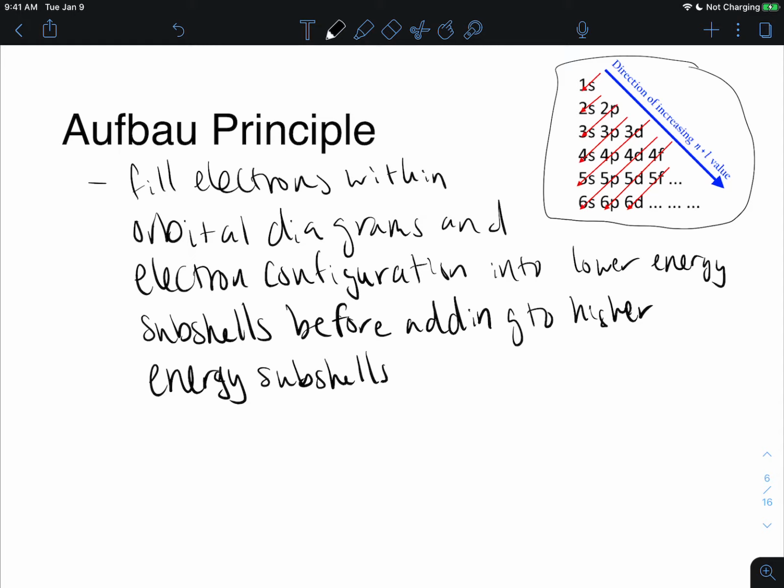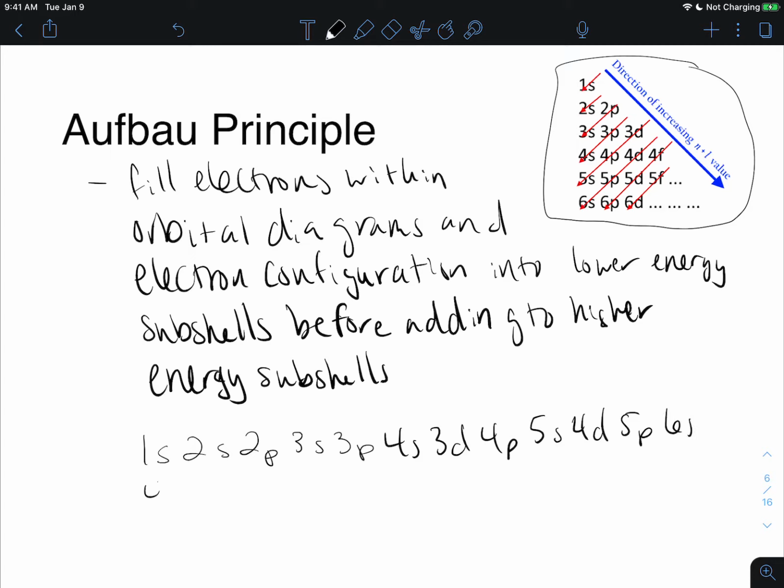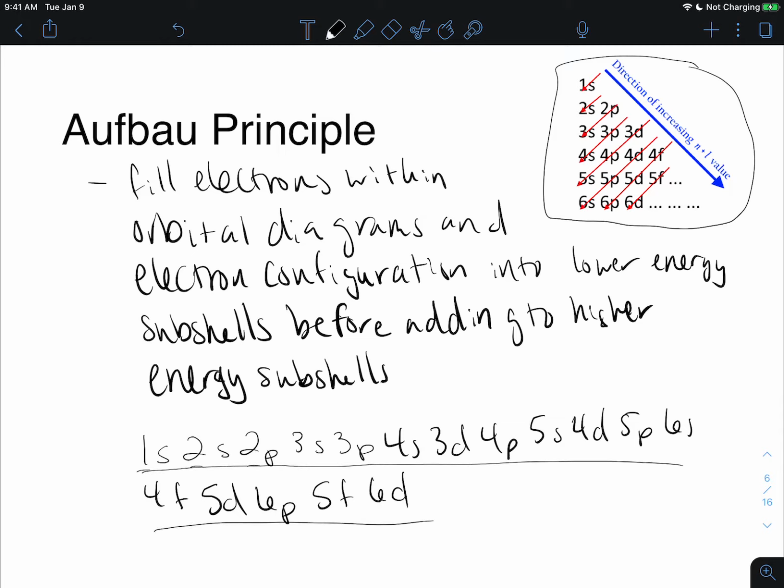So if we look, we're going to fill 1s, 2s, 2p, 3s, 3p, 4s, 3d, 4p, 5s, 4d, 5p, 6s, 4f, 5d, 6p, 5f, and then 6d. So these are the arrangement of the orbitals in terms of their energies.